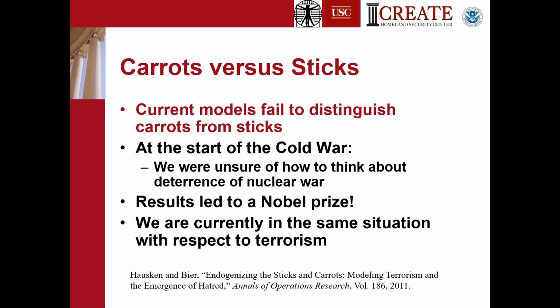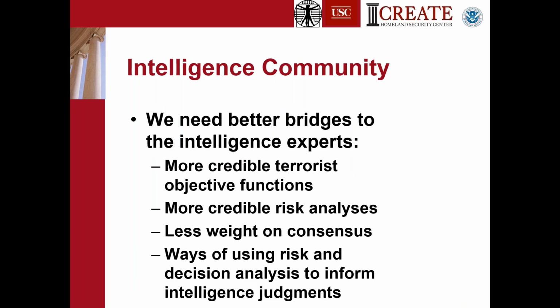And so I think there's a lot of room to look at the relative merits of carrots and sticks. I have one paper that is just starting to tackle that issue, but again, I think there's a lot of room for more work on that.